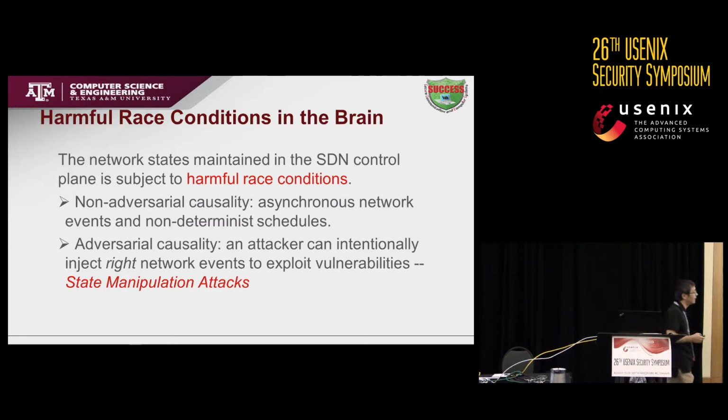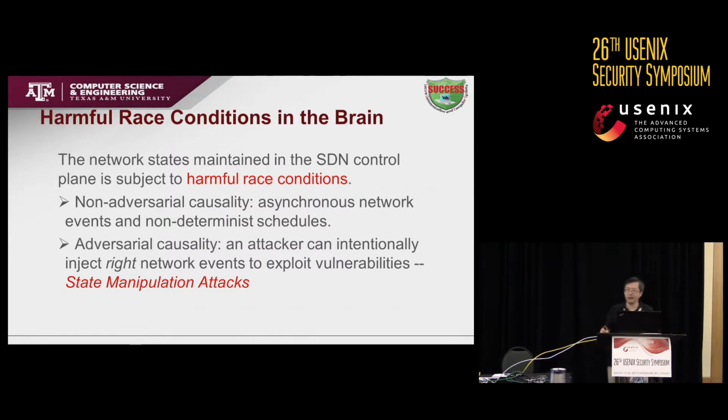Even worse, these race conditions can be harmful. There are two situations in which these race conditions can happen. Even when there's no adversary, in normal operation of the network, because these network events are unpredictable, and the schedule of the operation of the apps inside the controller is asynchronous and non-deterministic, this race condition could happen, even without an adversary.